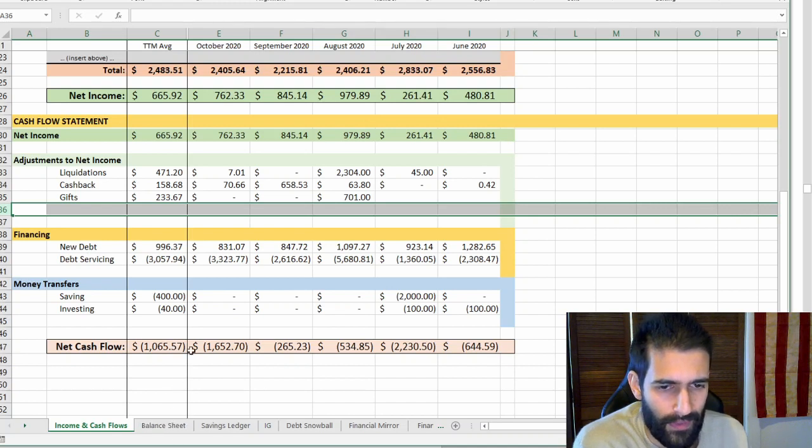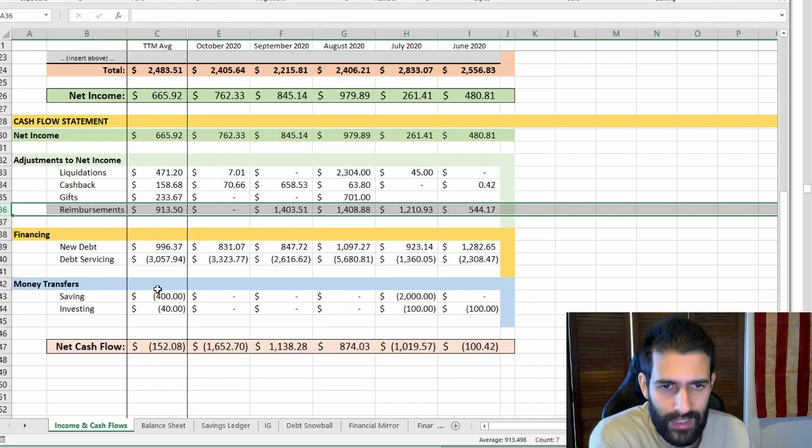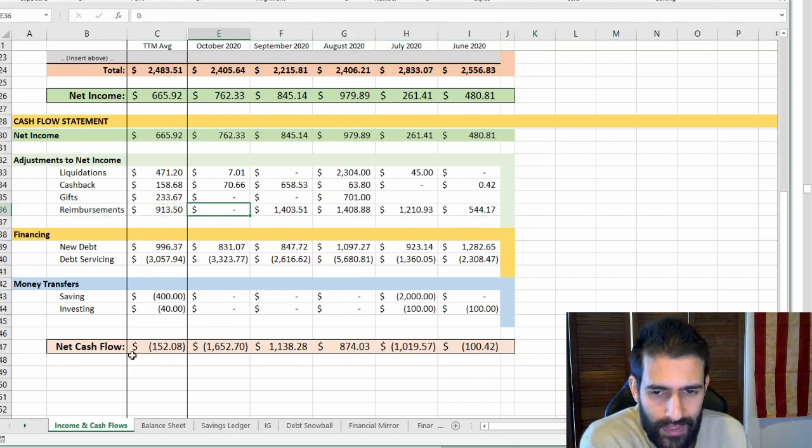Although I thought, oh, maybe it's because most of it's going to debt servicing, or I'm paying off the debt really fast. But I guess I wasn't paying attention that much. So I added this in, and now it makes more sense. Net cash flow is close to zero, much closer to zero than it was before.